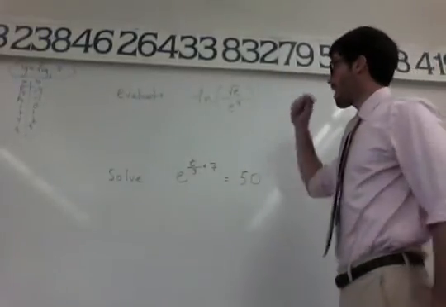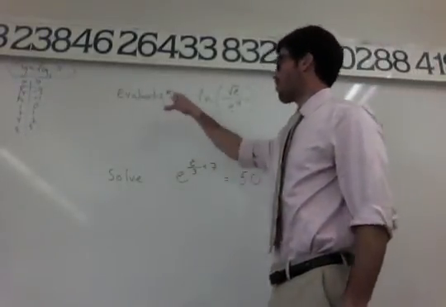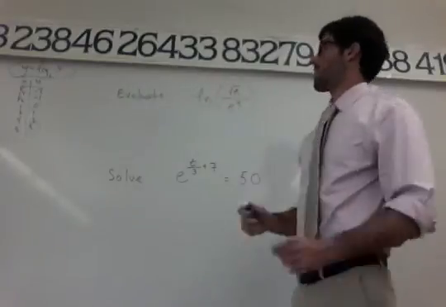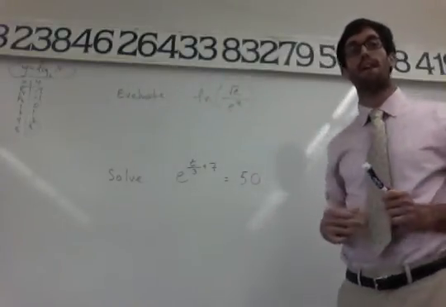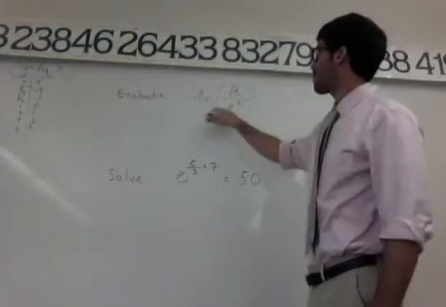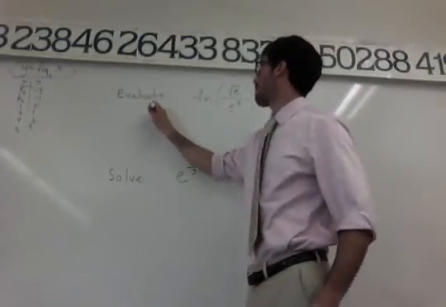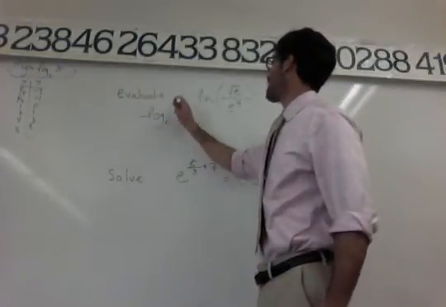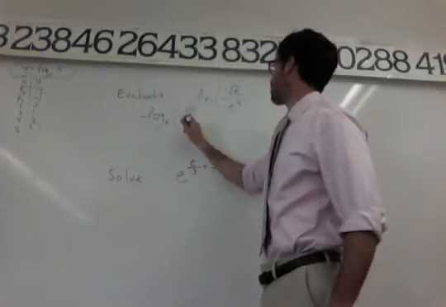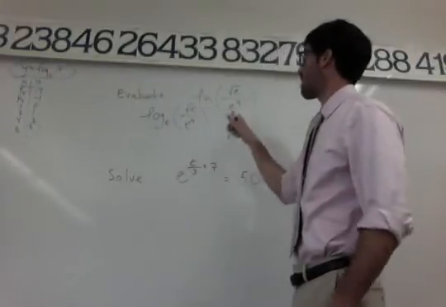Okay, so up here, you're also just evaluating a logarithm. But this logarithm has a base of e, right? The natural logarithm is the same as log base e of root e over e to the 4th. These mean the same thing.